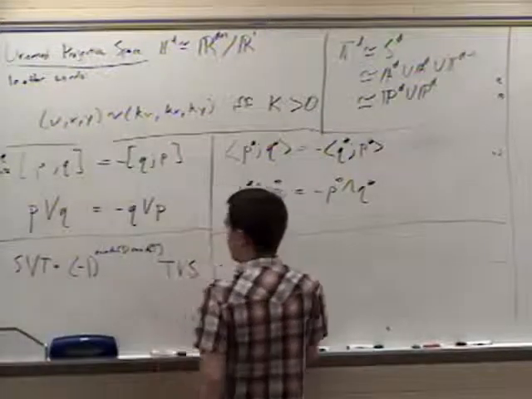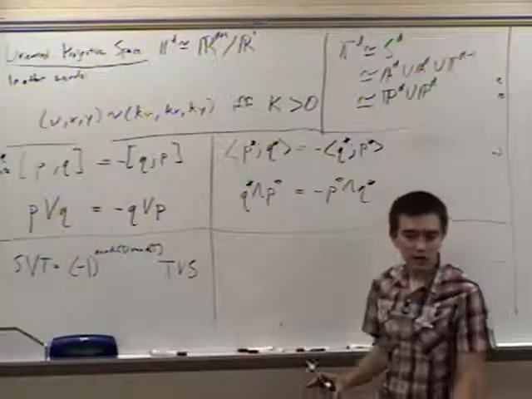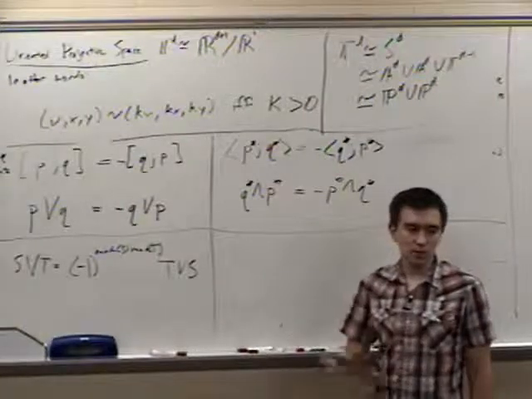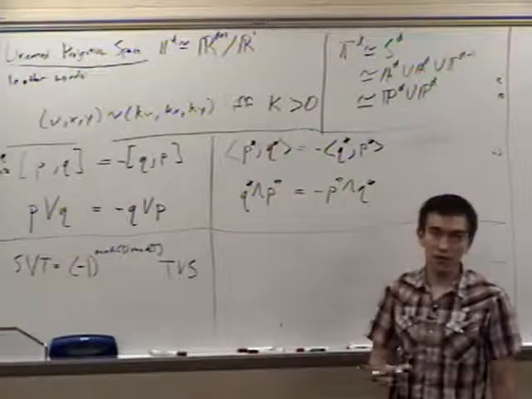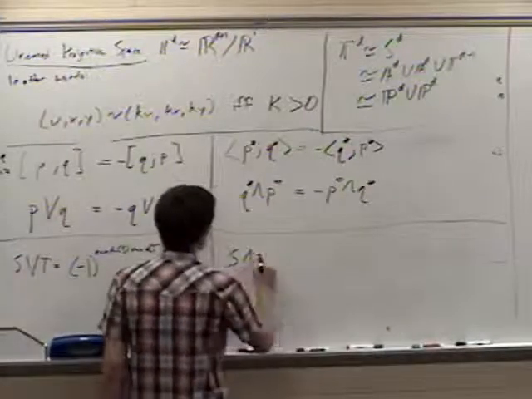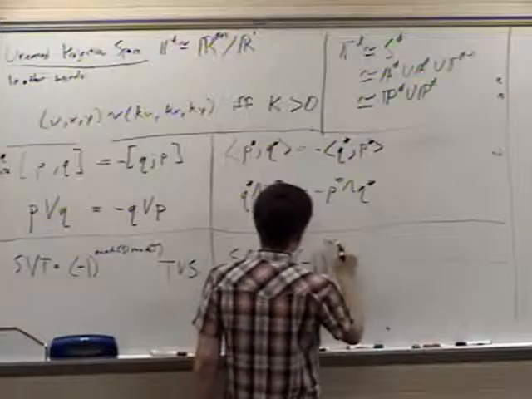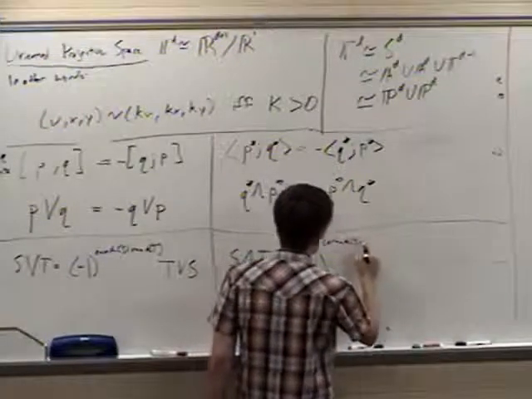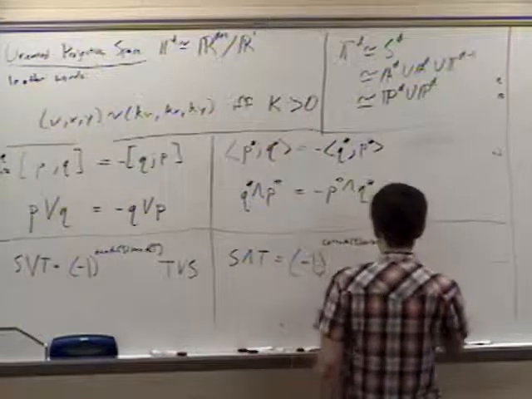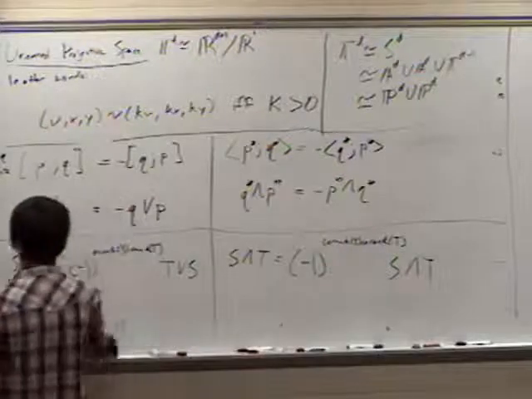And the story is almost the same over here, except remember we're working with these square brackets, and so it's no longer the ranks that have to change, but they're co-ranks. And remember, the co-rank is just d plus 1 minus the rank. So this just becomes S meet T is equal to -1 to the co-rank S times co-rank T times T meet S. Okay.